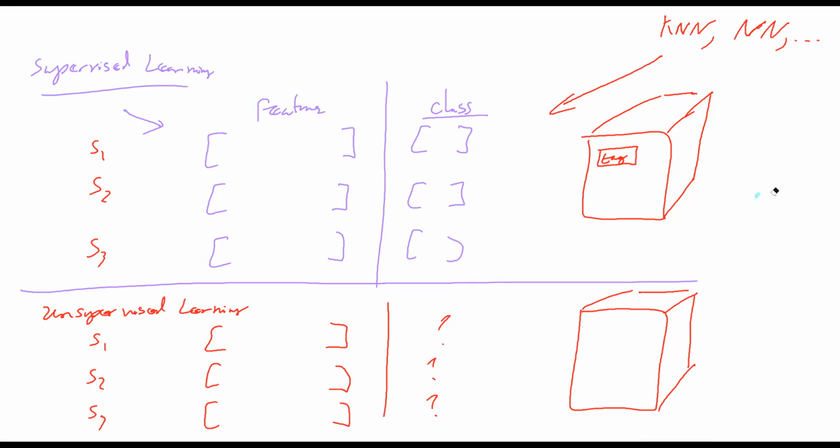In that case, you have to use unsupervised techniques, of which the algorithm that we will study in this course is called the k-means algorithm. Do you guys see that? Yes. All right. Any questions about this concept?